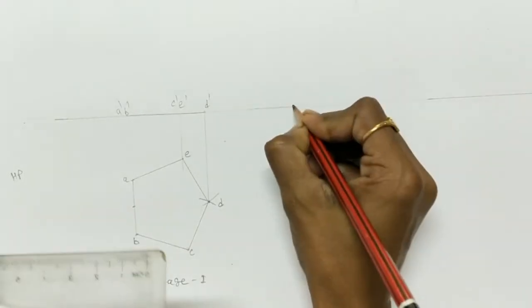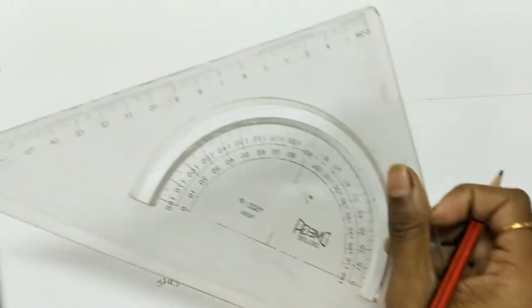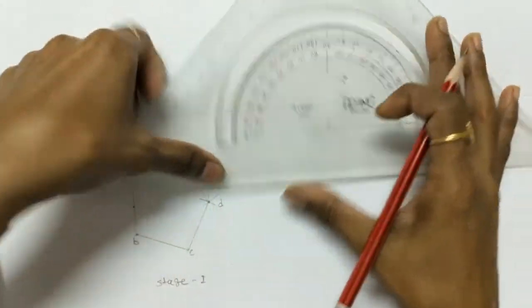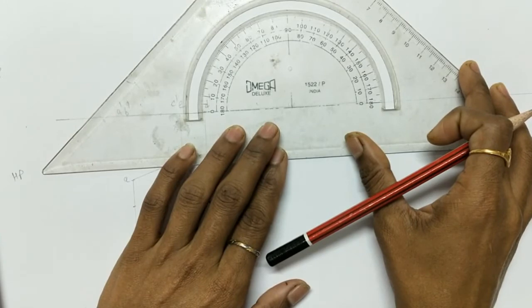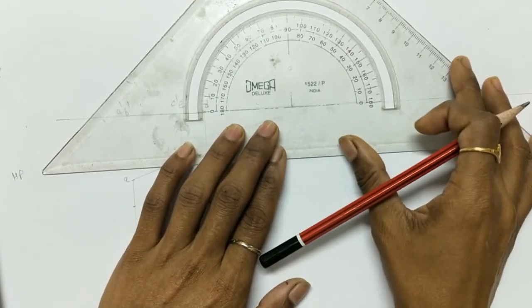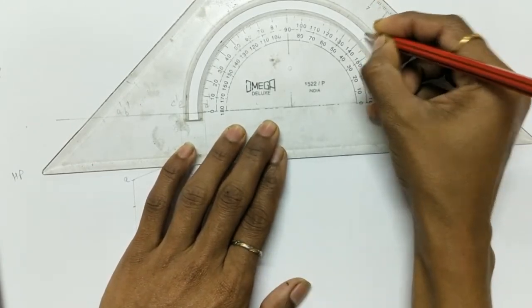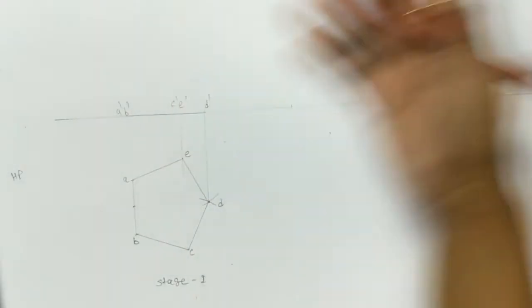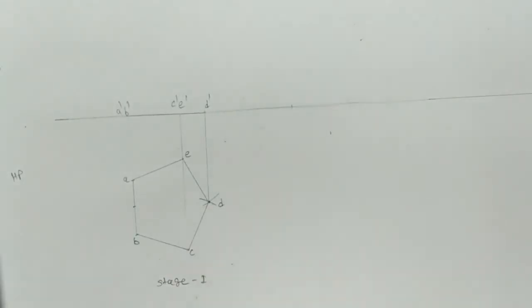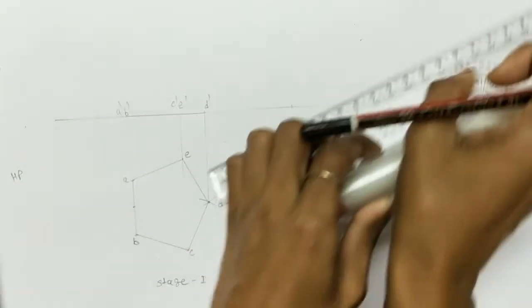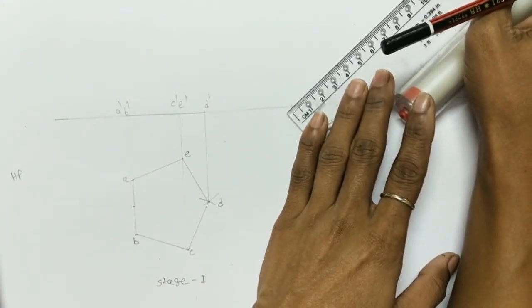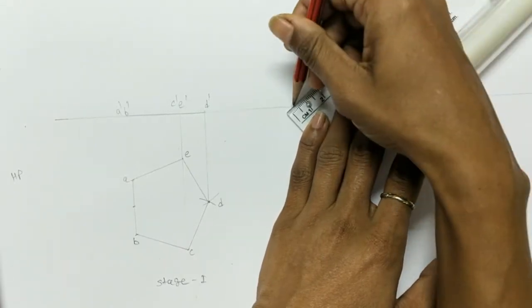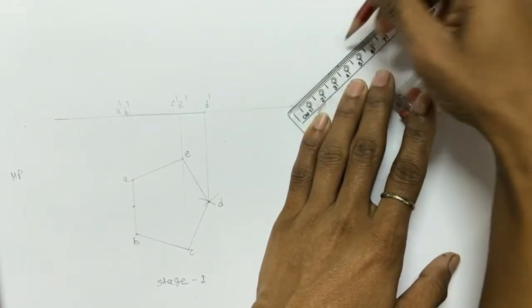So take one point here and measure 40 degrees from this point. Now draw a random line of any distance from this 40 degree angle.